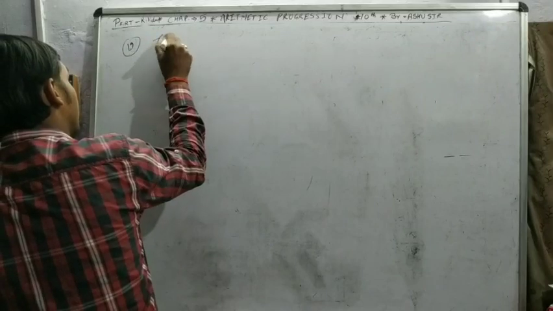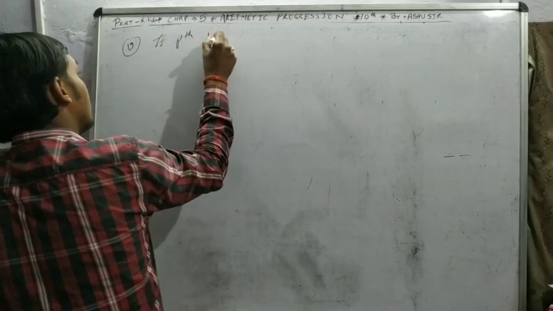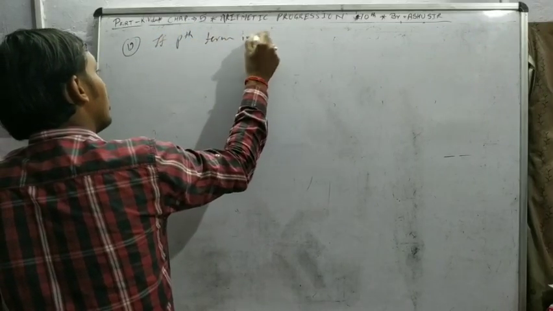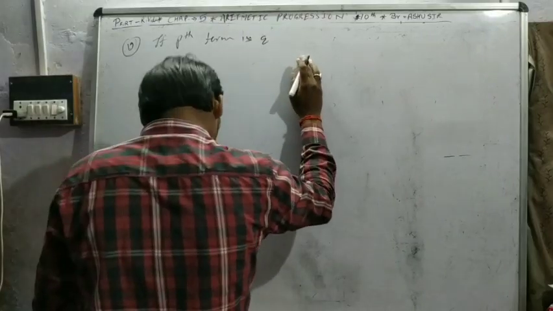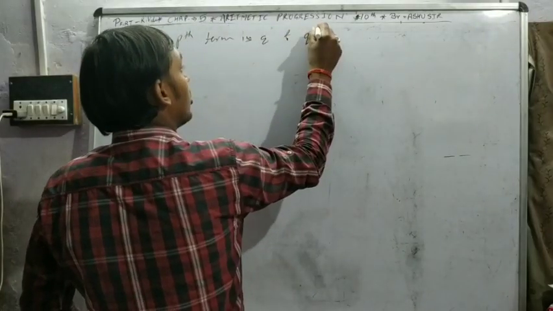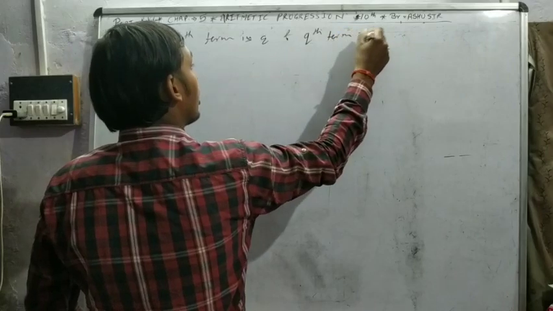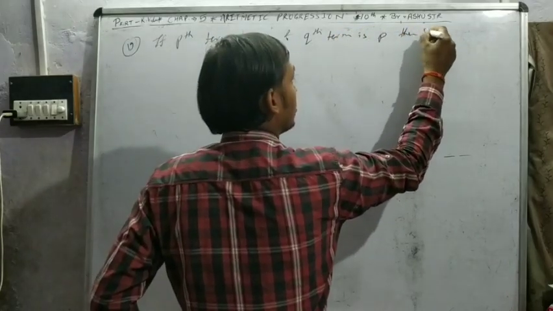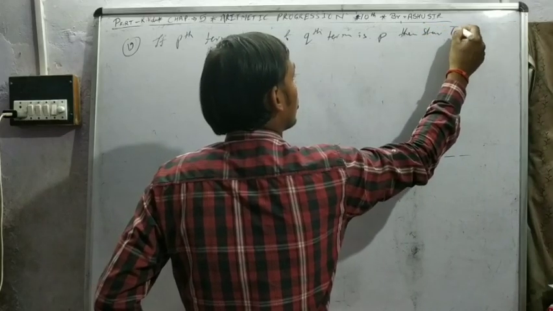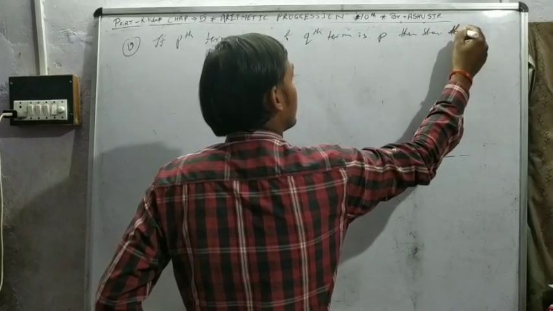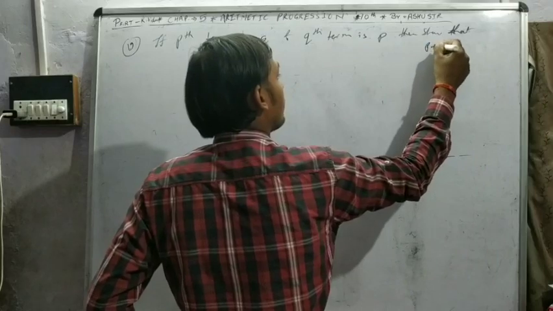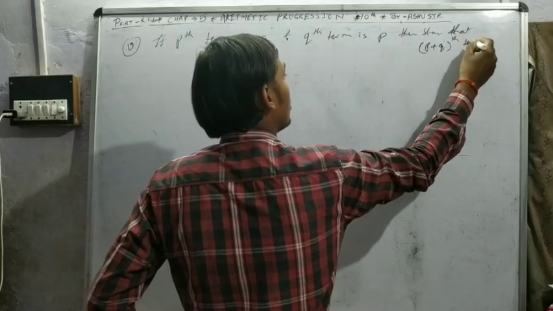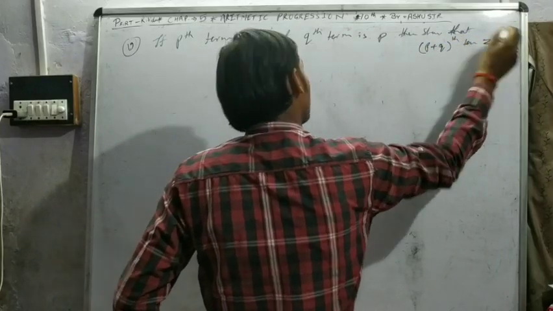If the pth term is q and the qth term is p, then prove that the p plus qth term is 0.